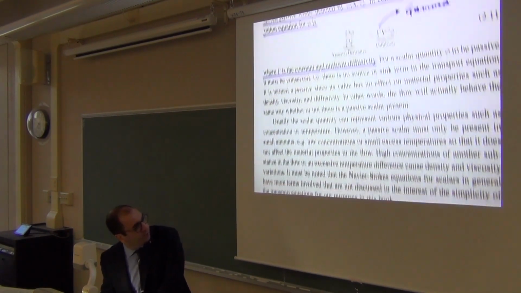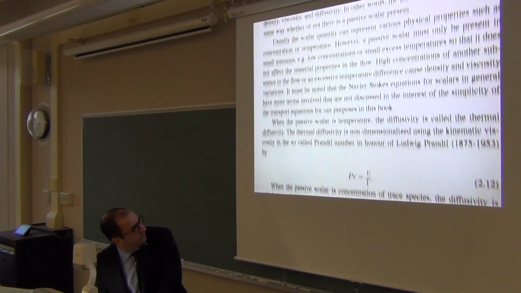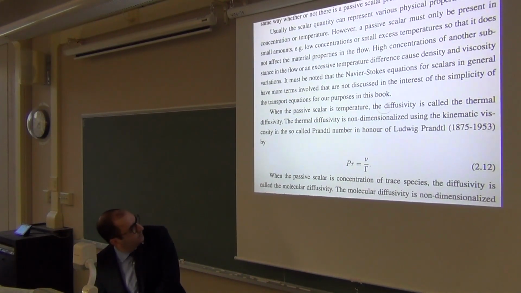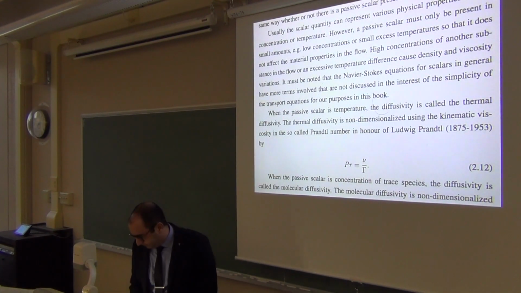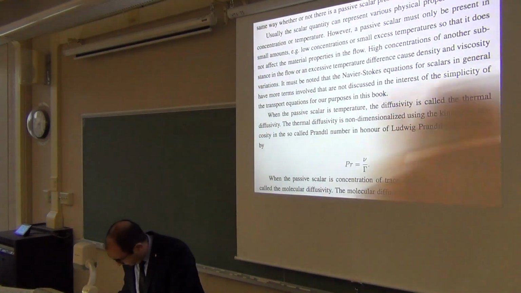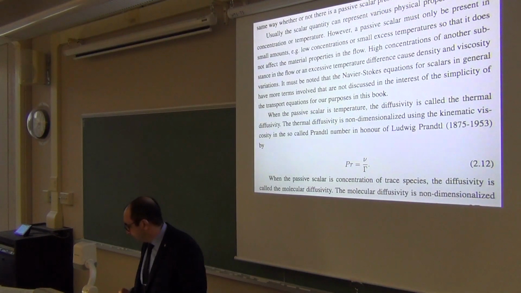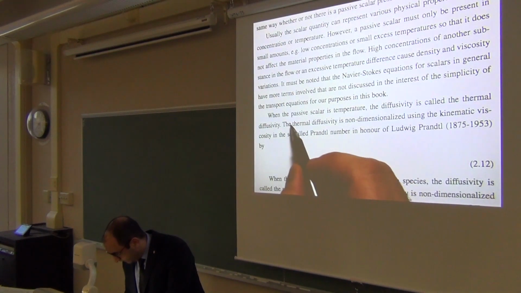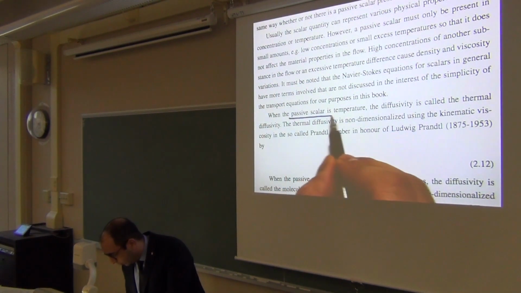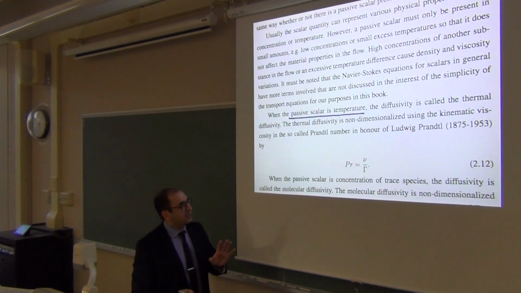The question is, what is this diffusivity? How do I calculate it? It is related to kinematic viscosity. When the passive scalar is temperature, I mean, you could consider temperature as a passive scalar.